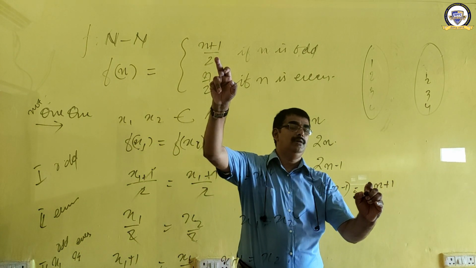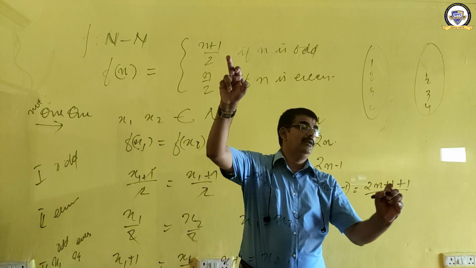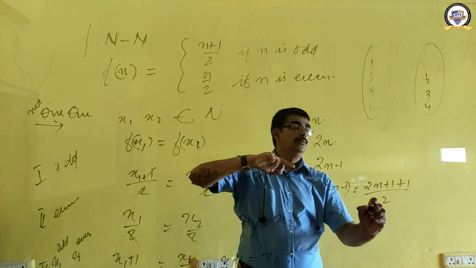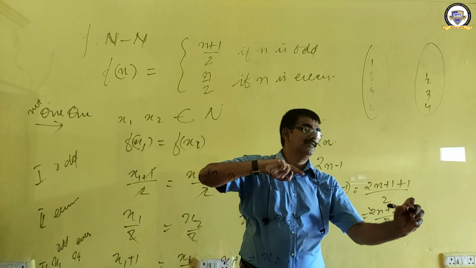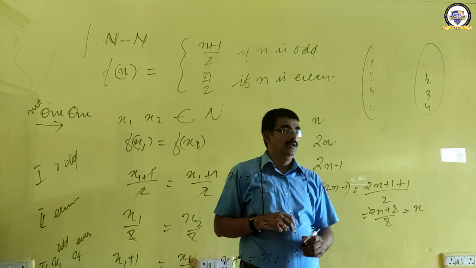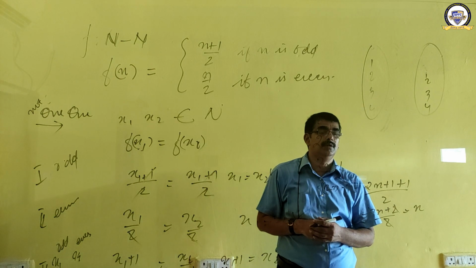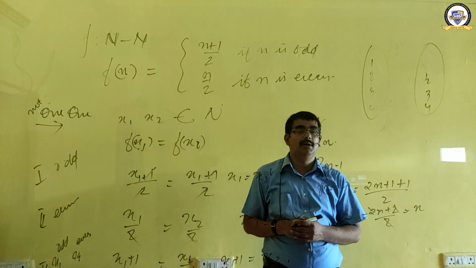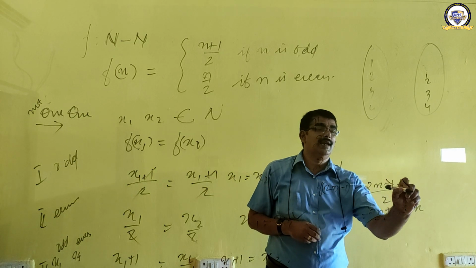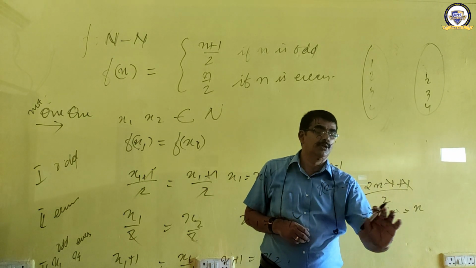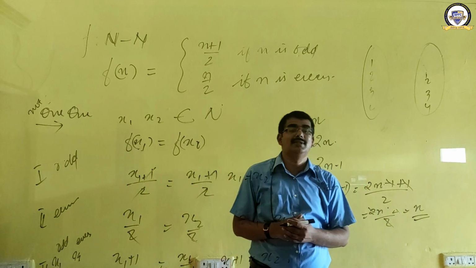f(2n-1) is equal to (2n-1+1)/2, that is 2n/2. The 2s cancel and the answer is n.